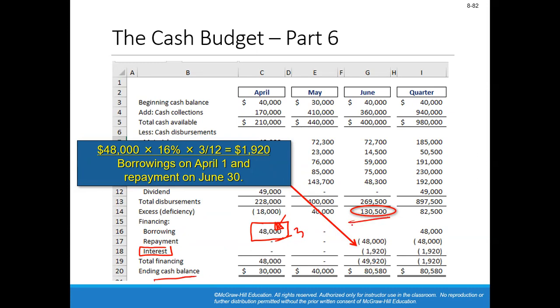Do you think this amount is sufficient? This amount is sufficient. Obviously, the number is too big. So let's work it out. How can we make repayment?